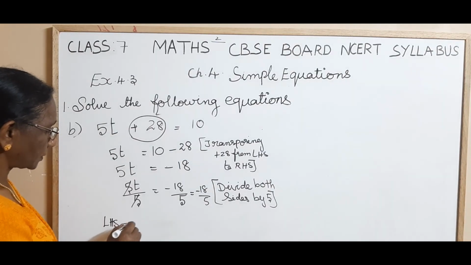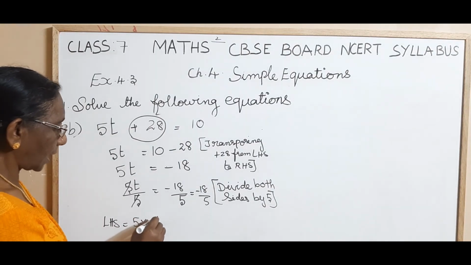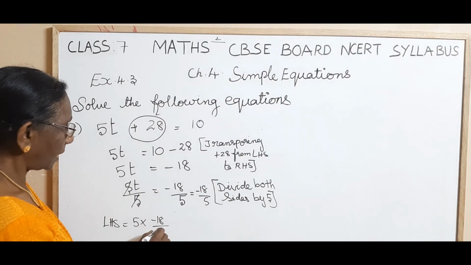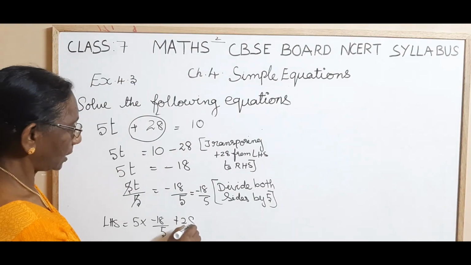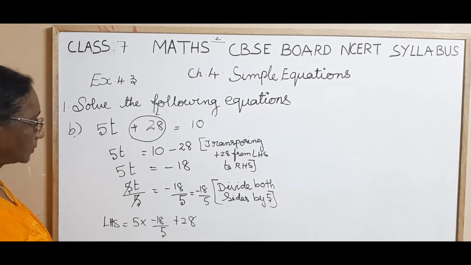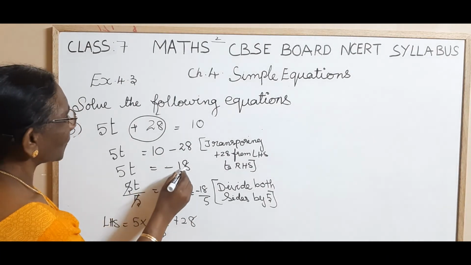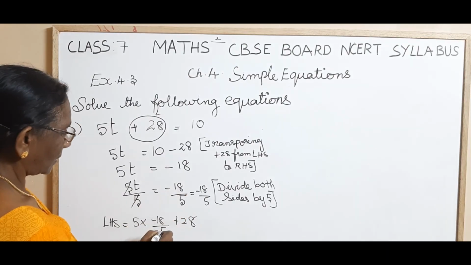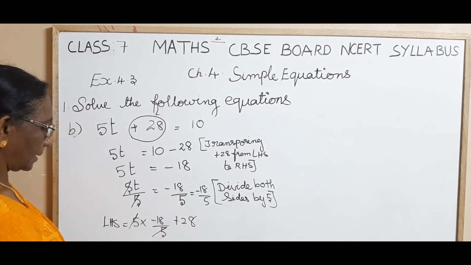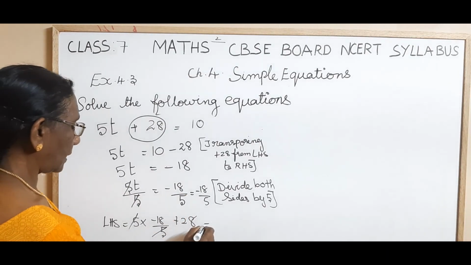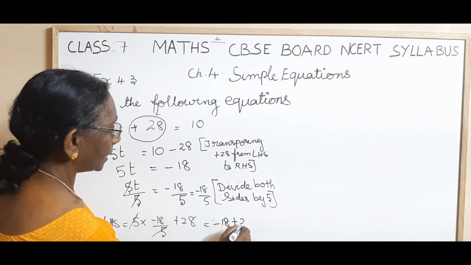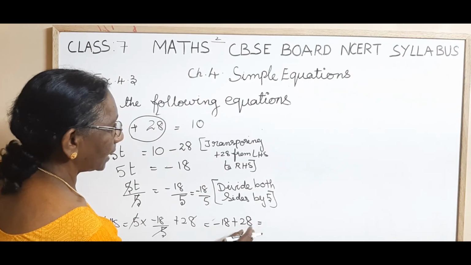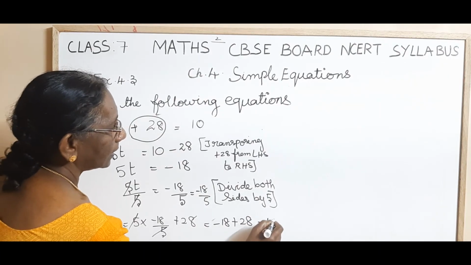LHS: 5 into minus 18 by 5 plus 28. Okay. 5 and 5 get cancelled. So what do you get here? Minus 18 plus 28. What do we have? 28 minus 18 is 10.